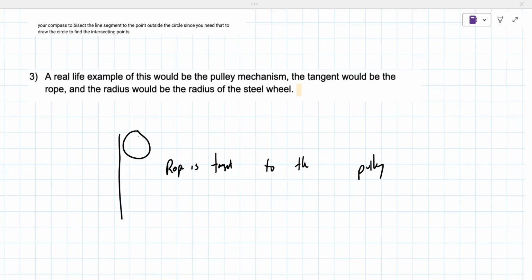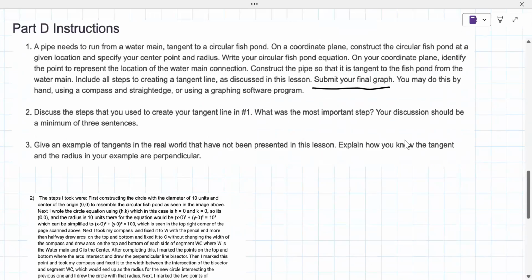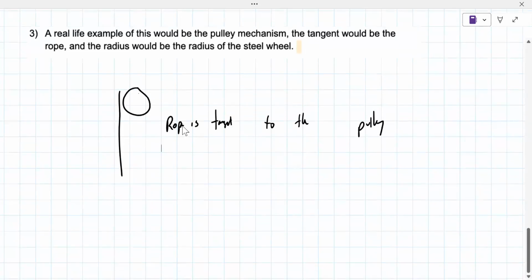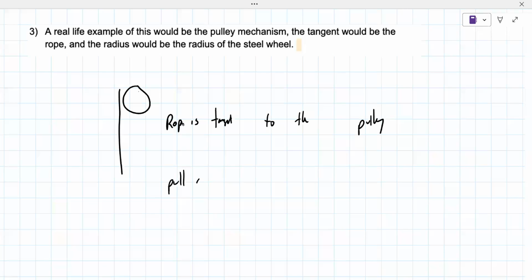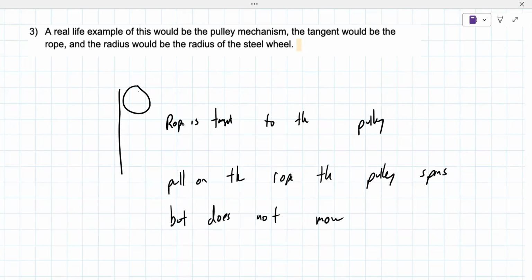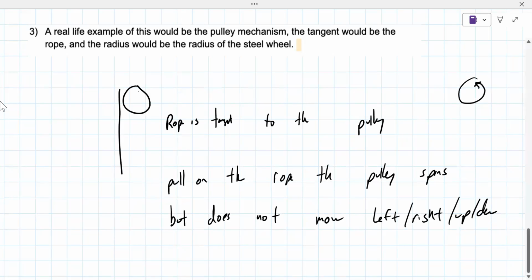Okay, I don't see any problem with this. But the part where it's like proof, I think it said explaining how you know the tangent and radius are an example of perpendicular. I was trying, when you pull on the rope, the pulley spins but does not move. It does not move left or right, up or down. It just sits there and rotates. That's how you know they're perpendicular.